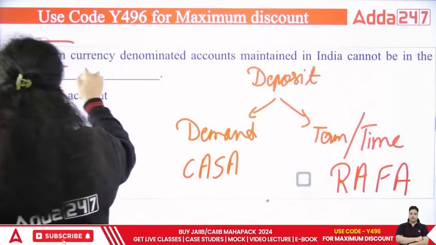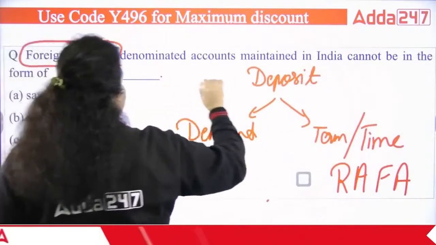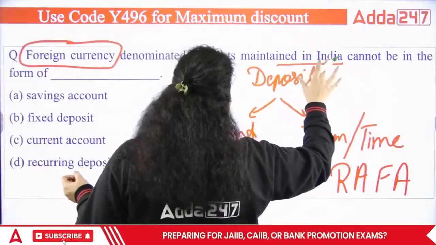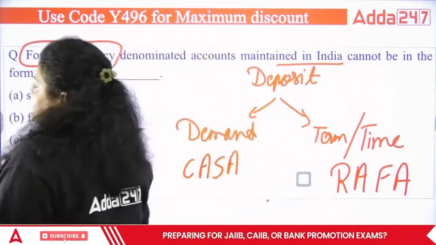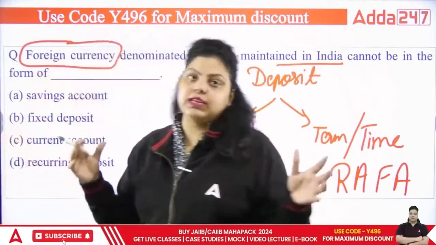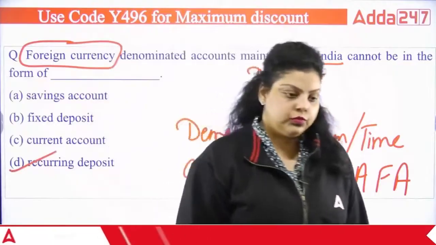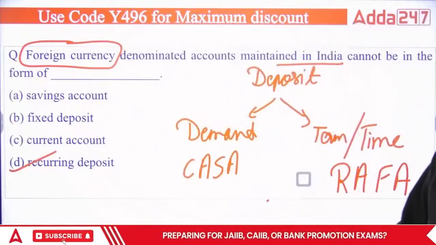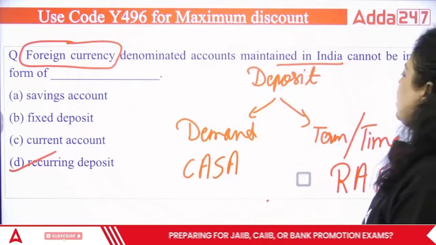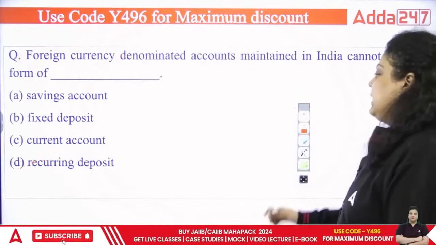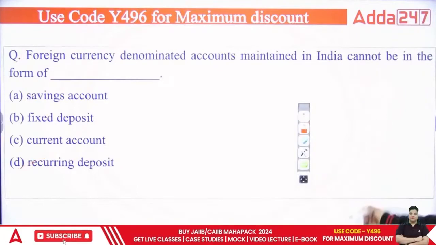Here we are asking about the foreign currency denominated account maintained in India. So there is the FCNR account, which is in the form of FD, and the current account, but not in the form of a recurring account. So a foreign currency denominated account maintained in India cannot be in the form of RD, that is recurring deposit. So the right answer will be D.